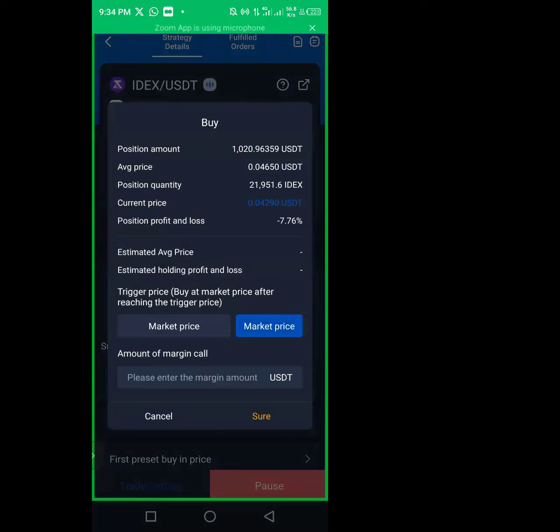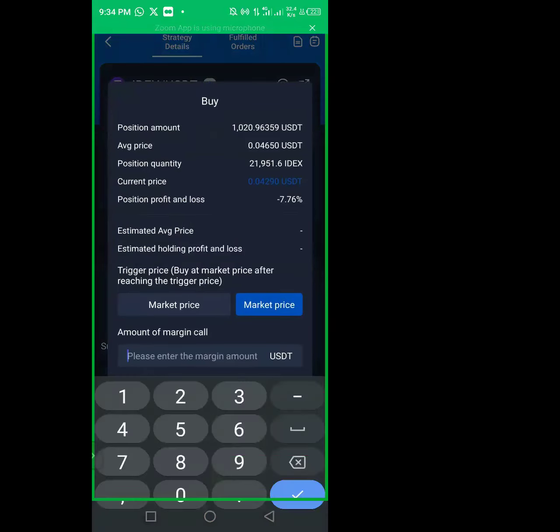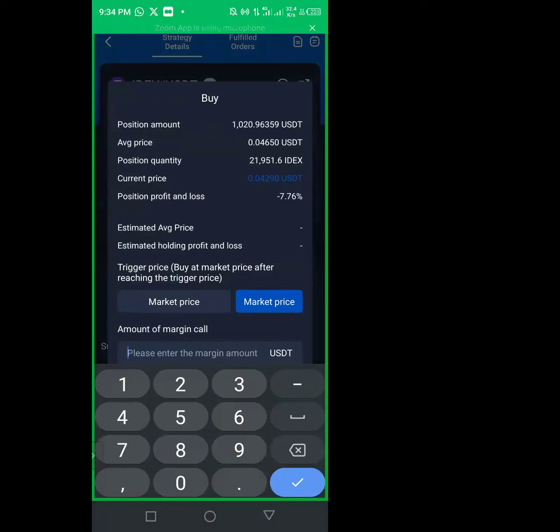It will turn blue when you click on market price. Then you enter the amount. It should be 100% of the position amount. I was having 510 before, and now at 100% or above, you can't do below. It's not advisable to do below.